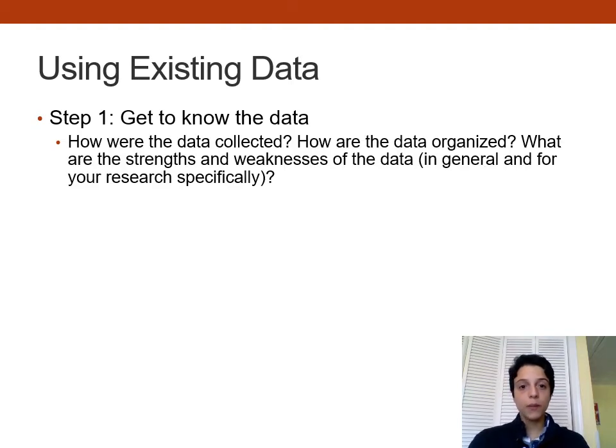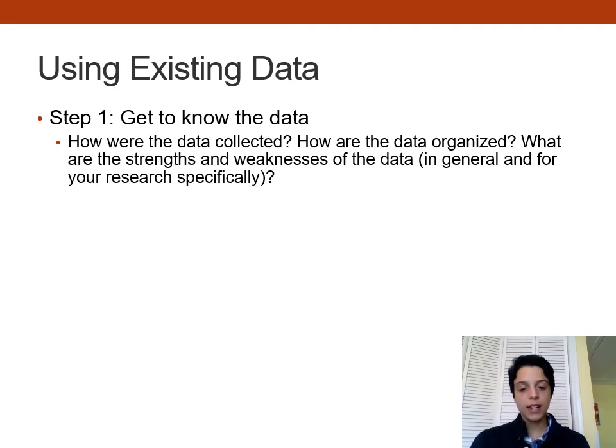For example, you would want to know how the data were collected and how they are organized in whatever data set you're looking at. Is it a big spreadsheet that you download into a statistical program? That's a good thing to know. And then what are the strengths and weaknesses of the data, both in general and for your research specifically?